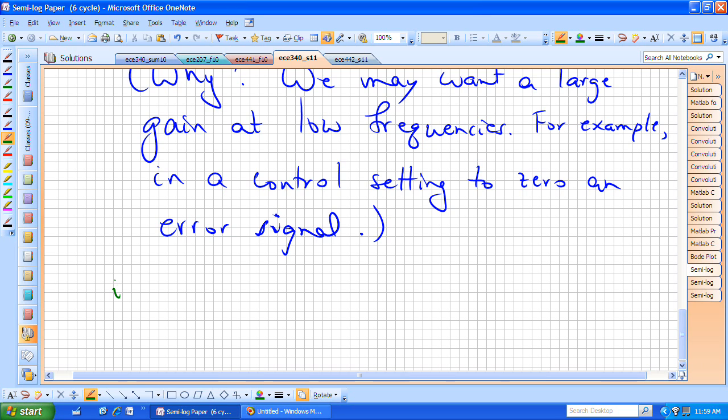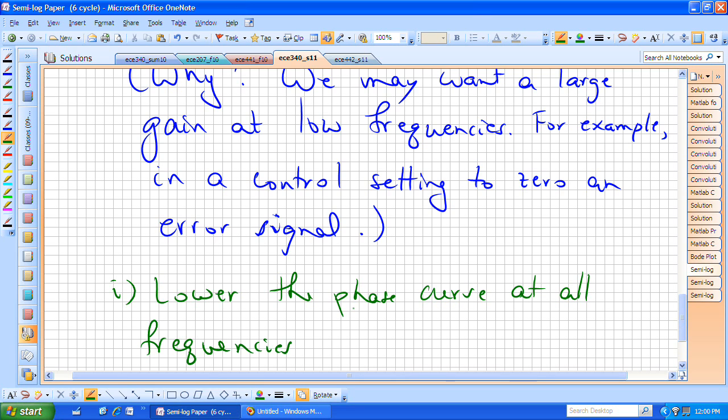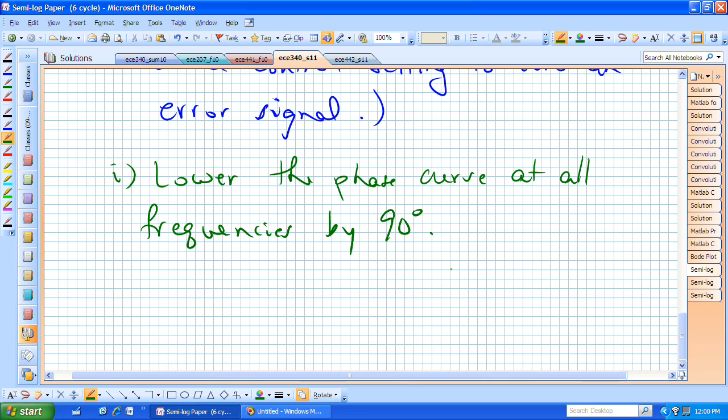The change that would do is, if we now have a pole at the origin, that's going to change our phase curve, and it's actually going to lower the phase curve a fixed amount for all frequencies, and it's going to lower it by 90 degrees. Or another way of saying that is, let's shift the phase curve down minus 90 degrees.